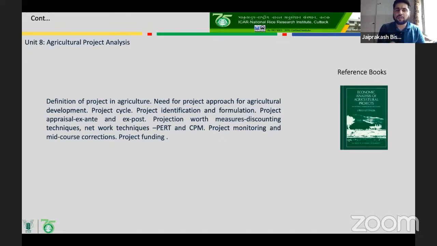You just copy and paste this topic in Google, okay, and then you will get to know about the different sources which are available online for this particular topic. Because this project analysis part is not subject specific. It is required in all the domains, in all the countries across the globe. So it is a very general topic, and plenty of material is available for agriculture project analysis. So you can refer to those.